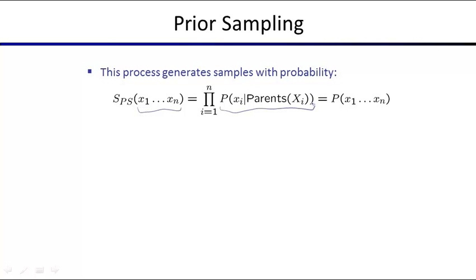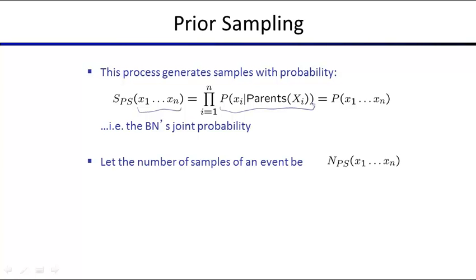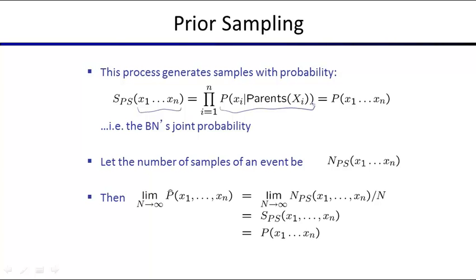So we're doing the right thing. Okay? Then let's say for a certain event you have a certain number of samples, then you would estimate the probability of that event as the number of samples consistent with the event divided by the total number of samples n.